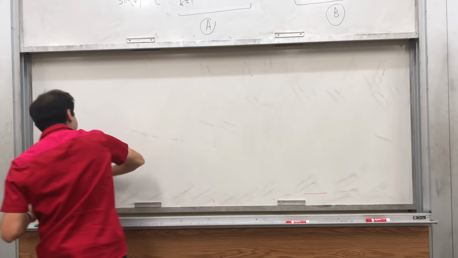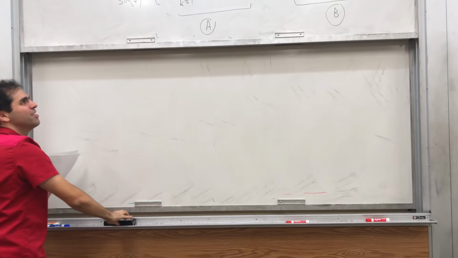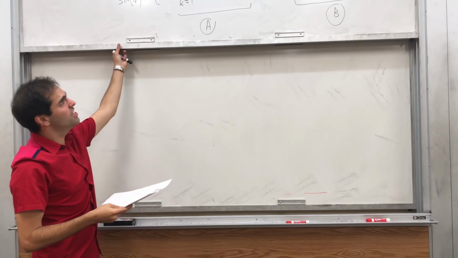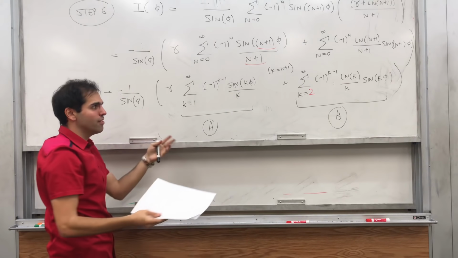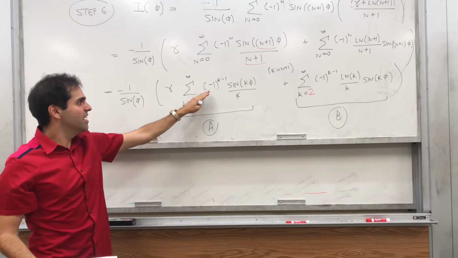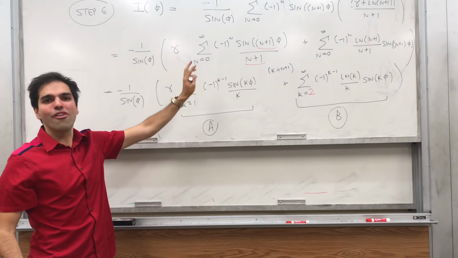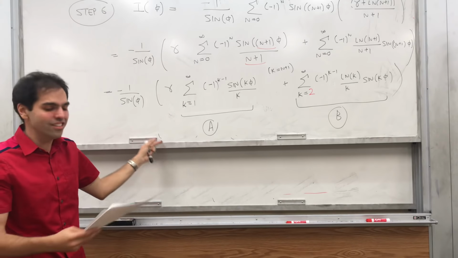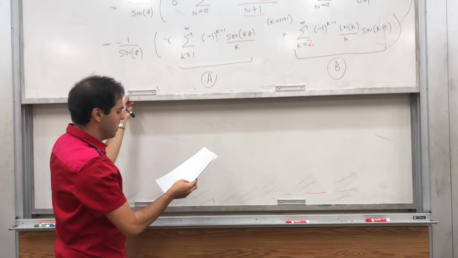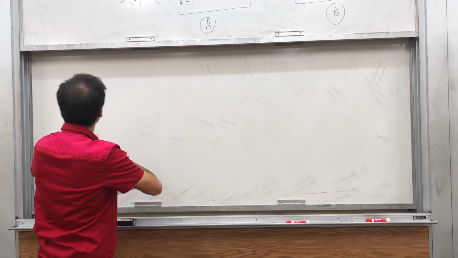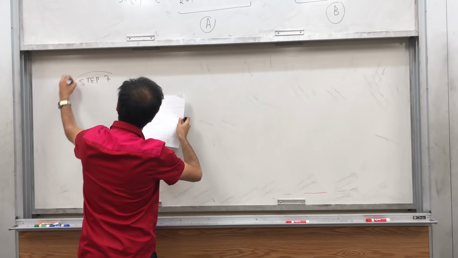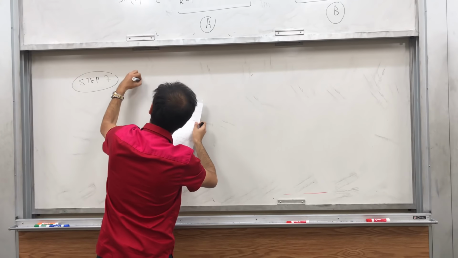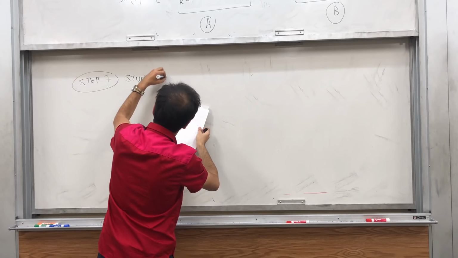All right, and it's really beautiful. The next step, you might not realize this, but it's actually a hidden Fourier series. Because sine of k, think sine of kx, it's a series with coefficients and sine of kx. It's actually a Fourier sine series. And in fact, it's one of the simplest ones. So step 7, study of A. Okay.